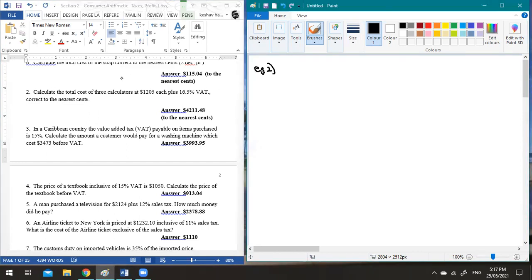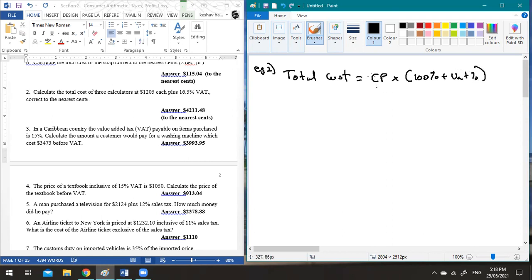So calculate for 3 calculators, right? The total cost. So the total cost will be the after-tax cost, right?